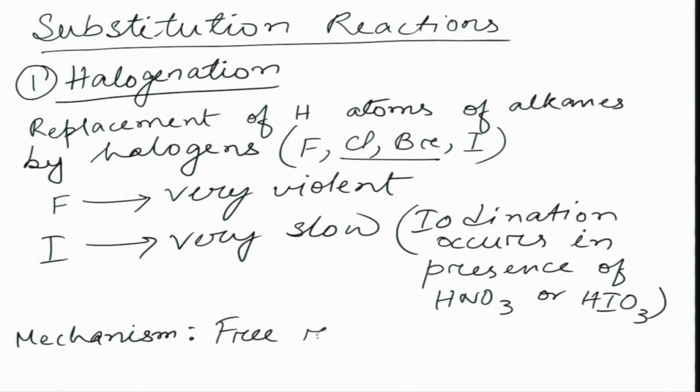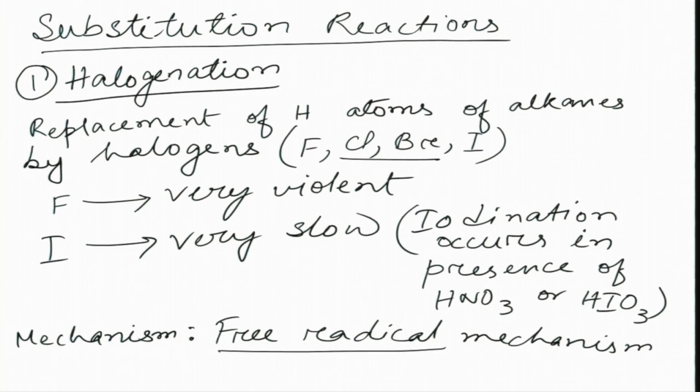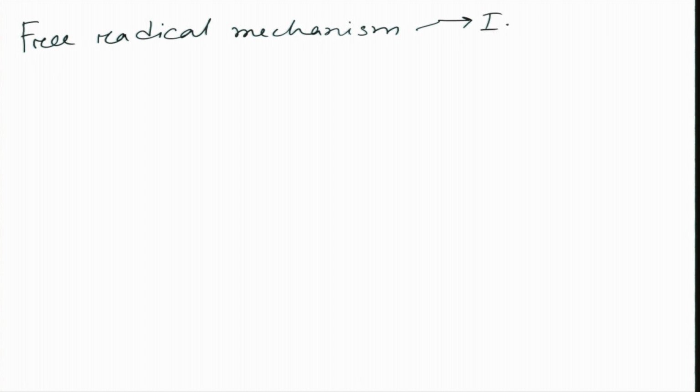So, the mechanism of halogenation is free radical mechanism. Okay. So, free radical mechanism has 3 steps. First is initiation, that is initiating the reaction.